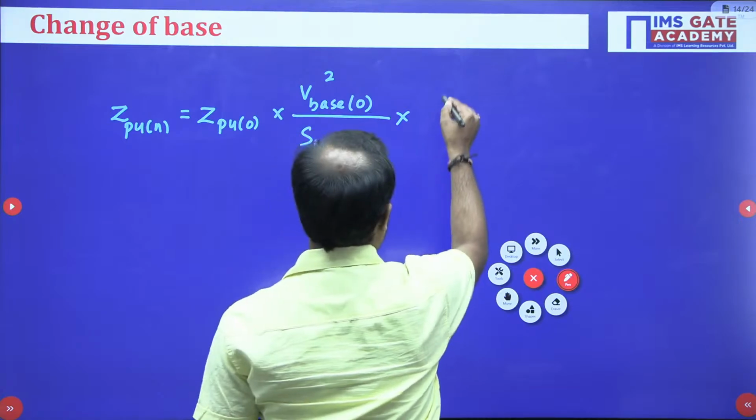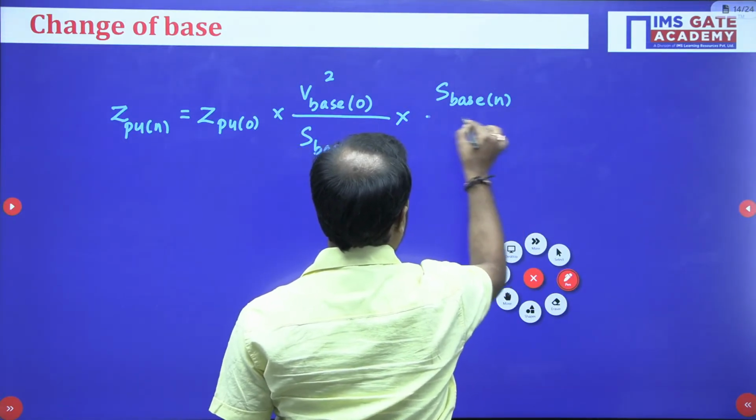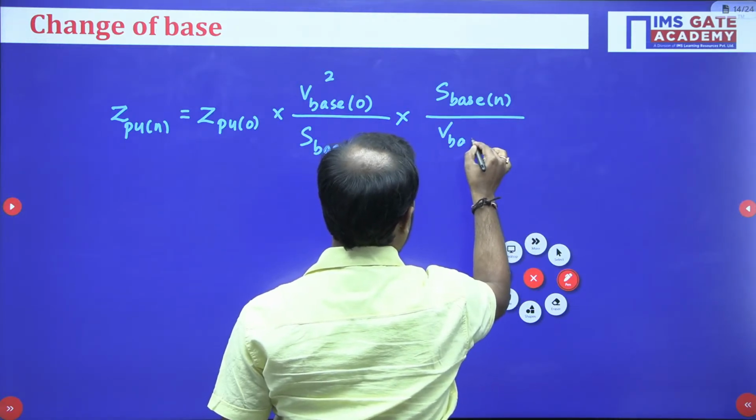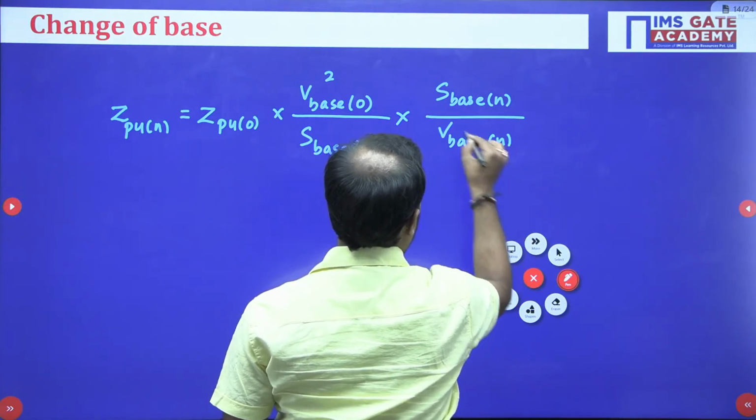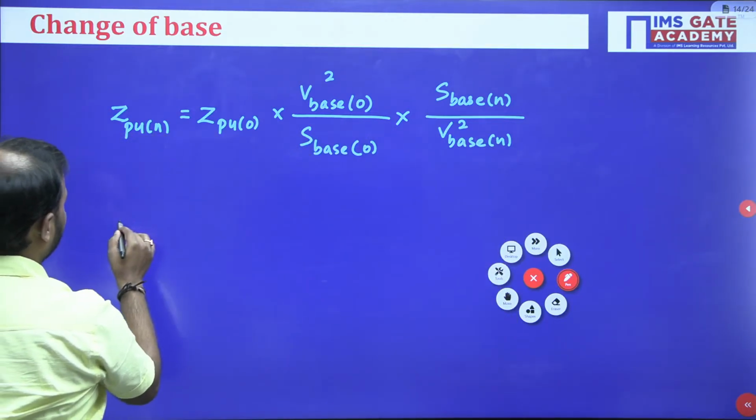So here you are going to have S base new divided by V base new whole square. Let me write this expression in a simple manner.